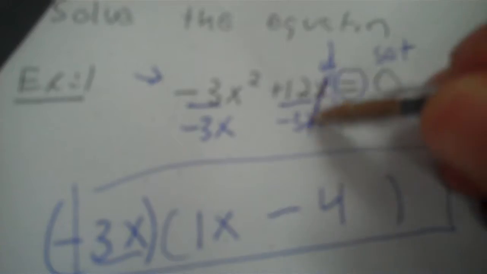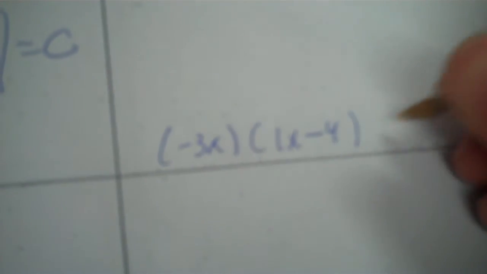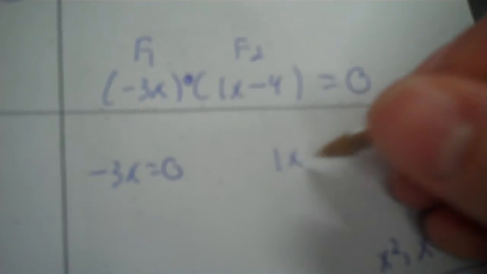Now, if neither one of these x's has a power, they cancel, and then we don't put any x alongside the 4. So you have negative 3x, and then 1x minus 4 equals 0. Okay, so negative 3x could equal 0, or 1x minus 4 could equal 0.